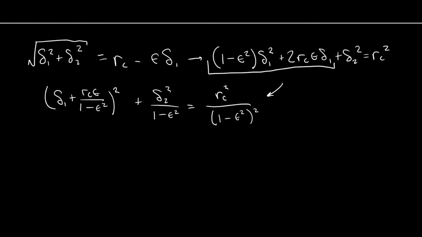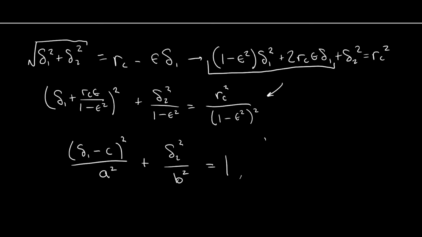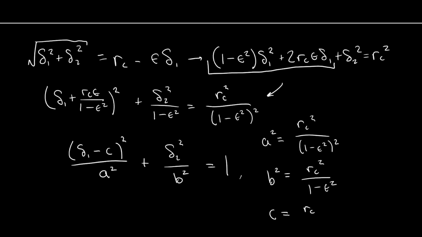And what I find is something that has the form delta 1 minus c, squared over a squared, plus delta 2 squared over b squared, is equal to 1, where a squared is equal to rc squared over 1 minus epsilon squared, b squared is rc squared over 1 minus epsilon squared, and c is rc epsilon over 1 minus epsilon squared.